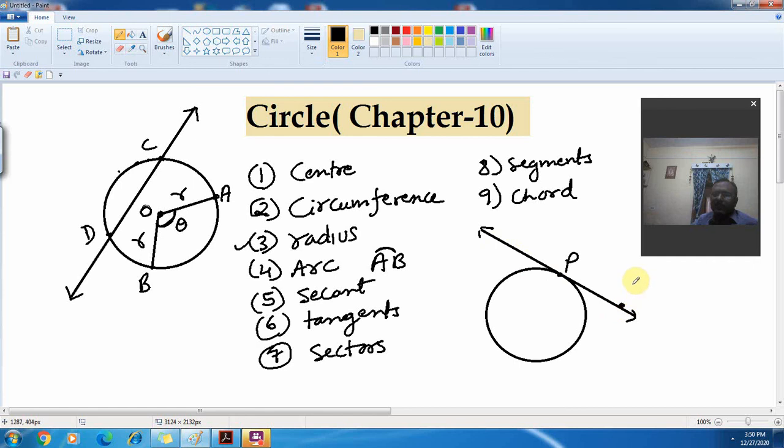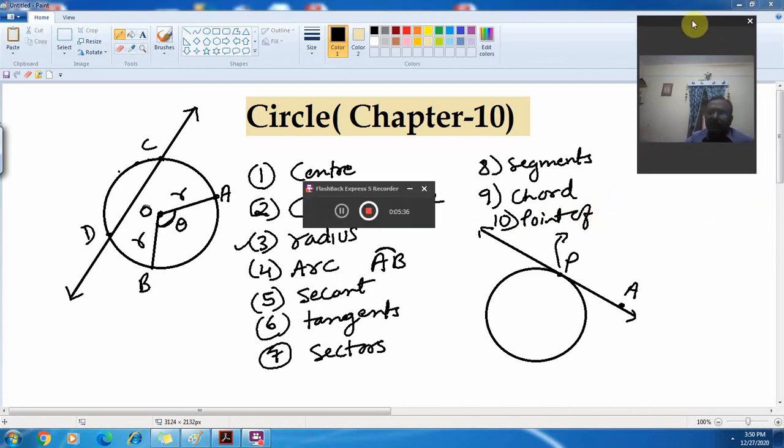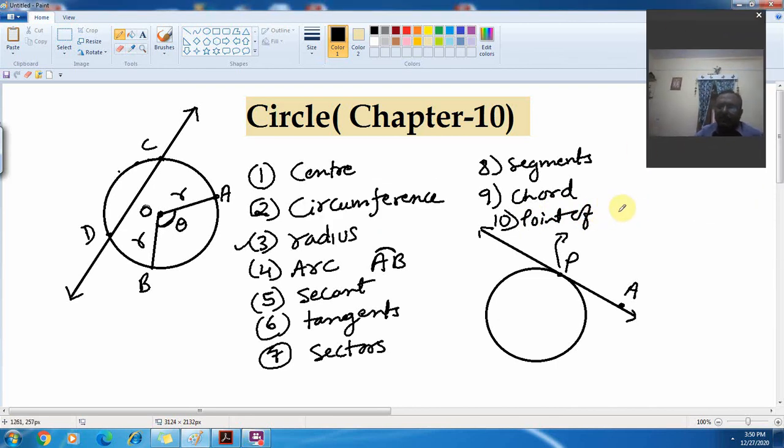Let me name it like this, AP. AP is a tangent and this point P, so we can take one more term, that is point of contact. So this point P is called the point of contact of a tangent.